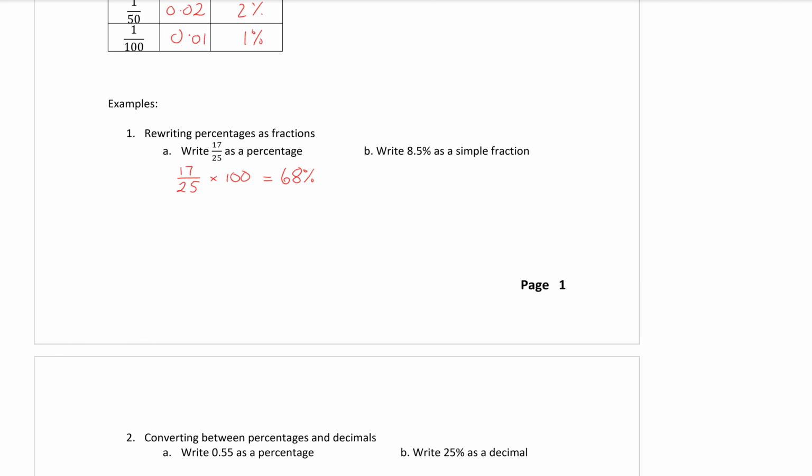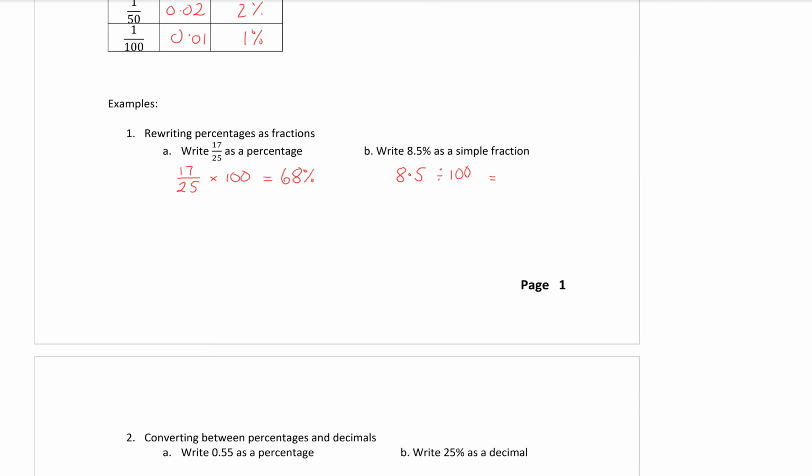Okay, next one. We have 8.5%, and we want to go to a fraction. I'm not going to keep scrolling back up, but you've got that diagram on your page. How do I get from a percentage to a fraction? Divide by 100. So you're going to type in 8.5 divided by 100.